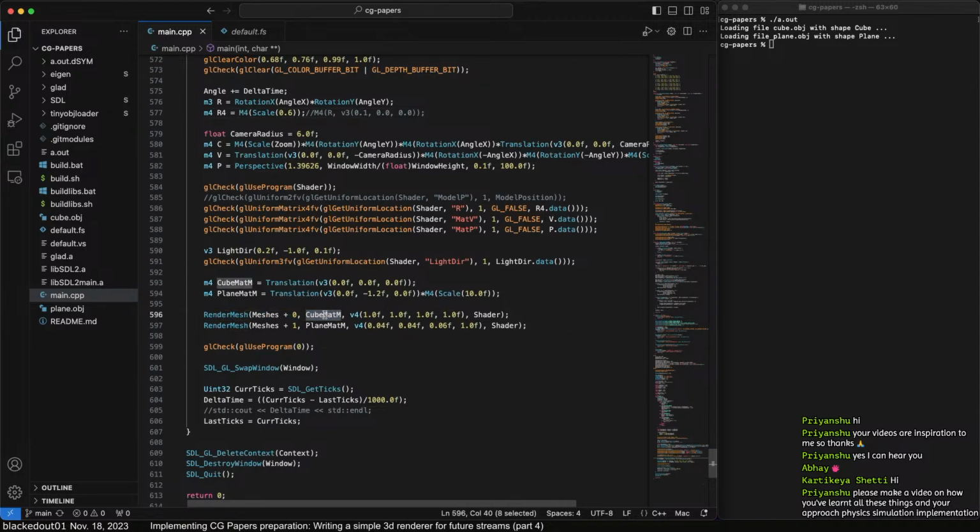And the cube is rendered with this cube mat, which in this case is just a translation, which is also 0.